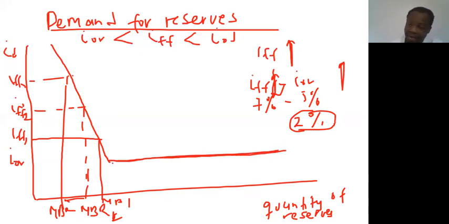If the federal funds rate falls up to the point that it even goes below IOR, that is, the federal funds rate has reduced even below the rate that we are earning on keeping the money as excess reserves, then there's no motivation or no need to give your money out through the interbank rate.